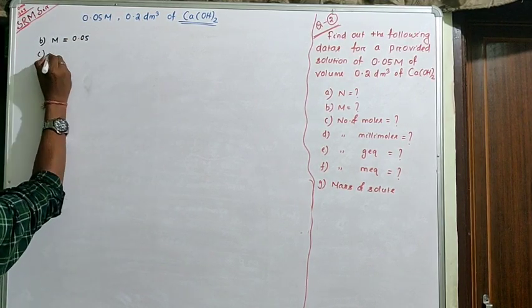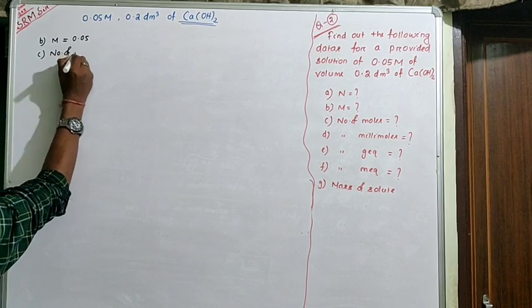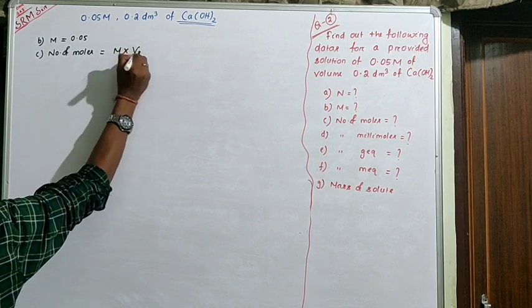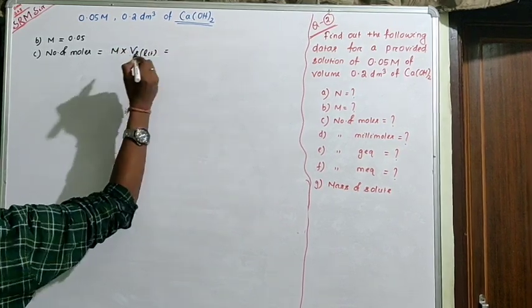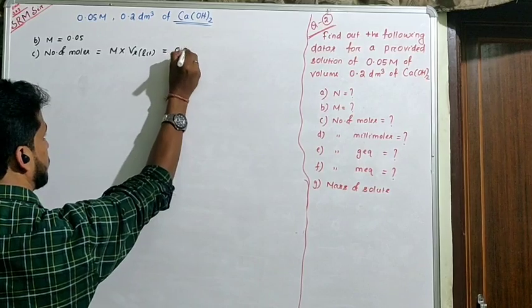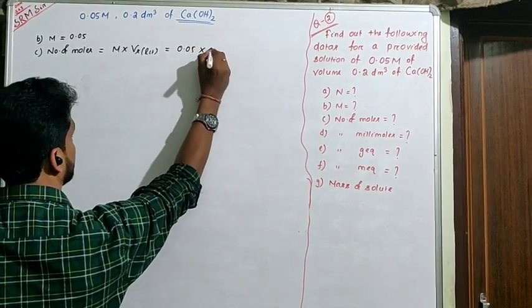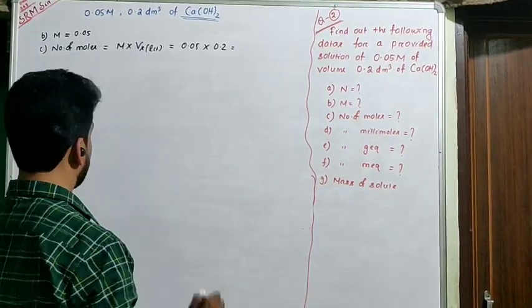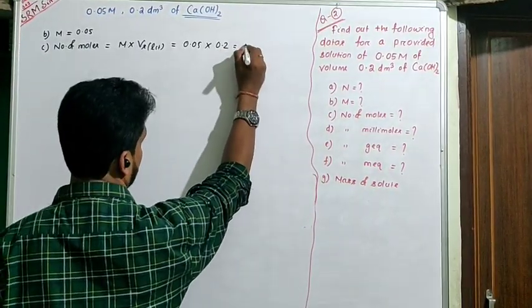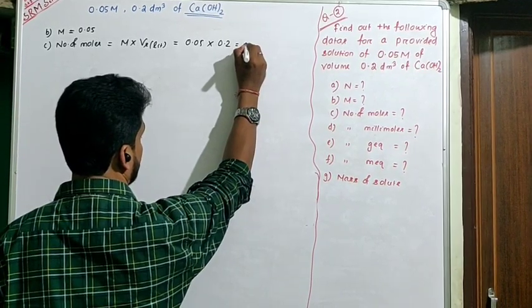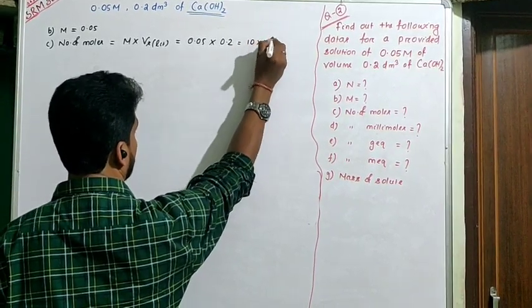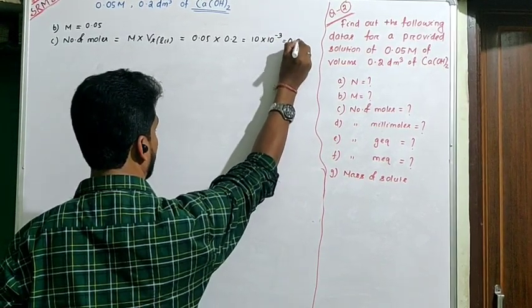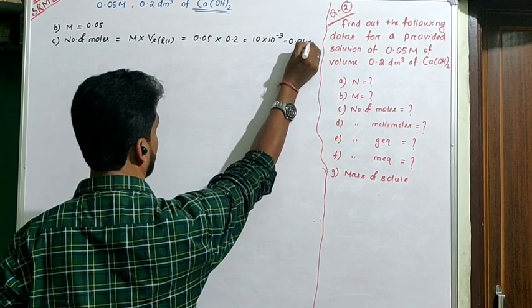So definitely number of moles will be molarity into Vs in liter, that's molarity 0.05 into Vs in liter, which is 0.2 liter, since 0.1 dm cube equals 1 liter. So how much is it? 10 into 10 to the power minus 3, that is 10 to the minus 2, 0.01 moles.